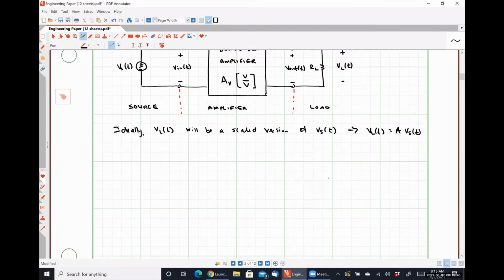So I'm going to start to redraw this a little bit. Here's Vs of t, here's Rs, and when we looked in, we observe some Thevenin equivalent resistance, Rin.